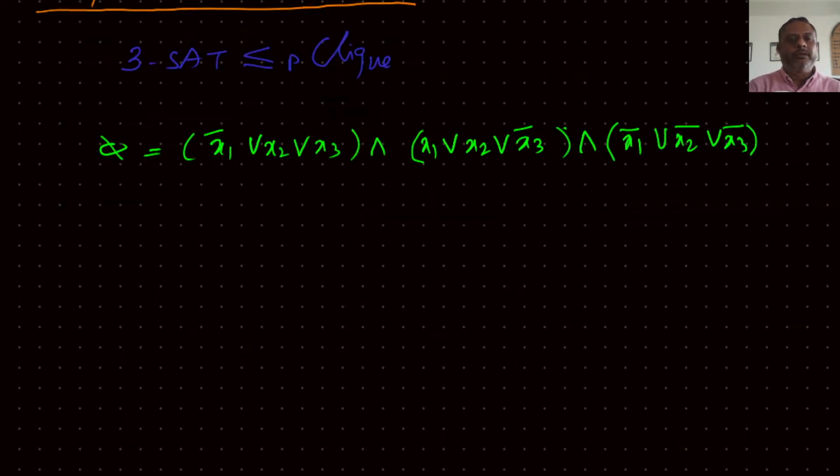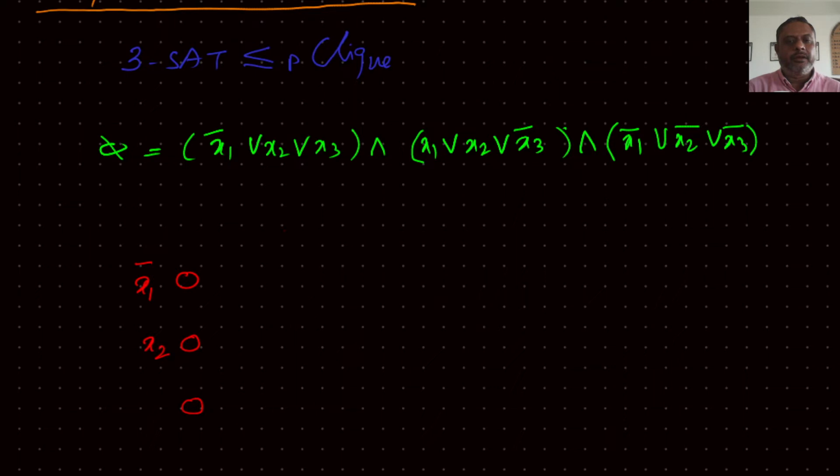That's the 3-SAT problem we have, and for this problem we build a graph. For every clause we have three vertices.